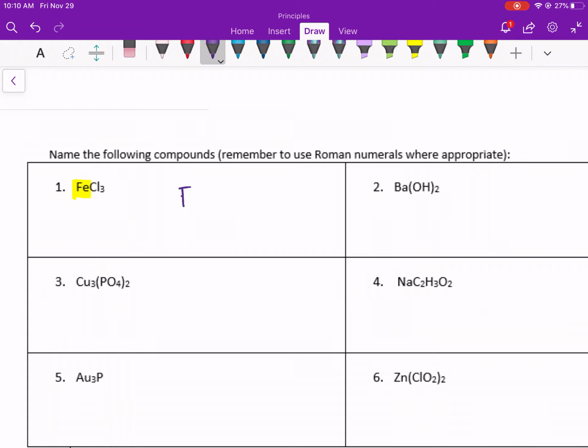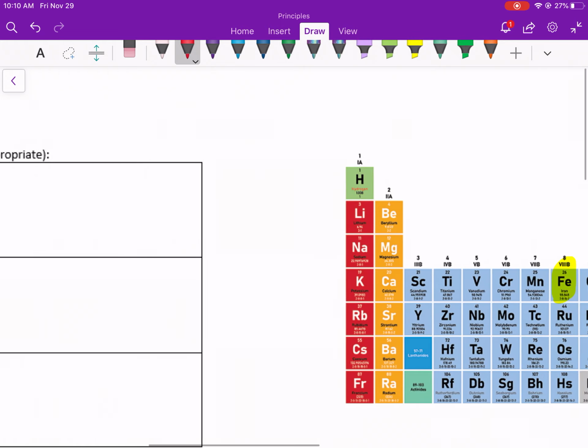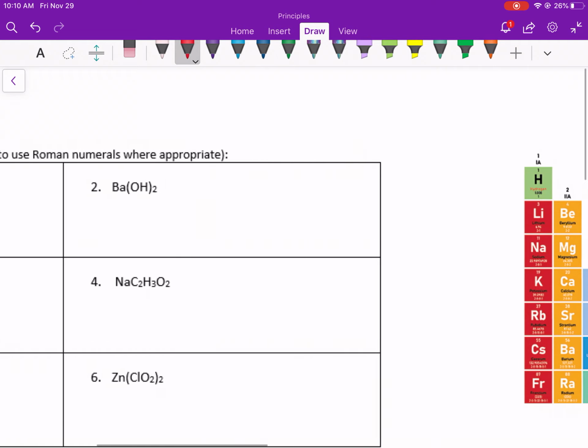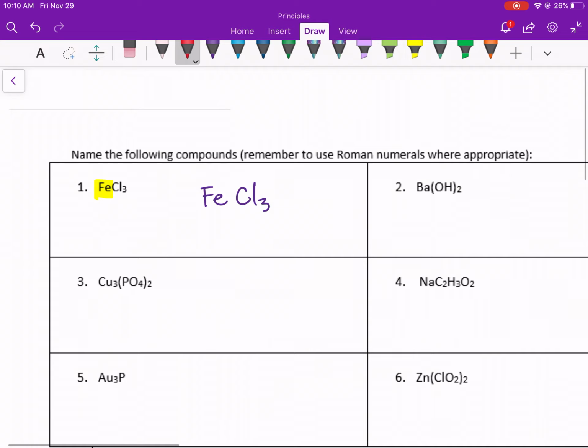Well, if I have FeCl3, first I look at the charge on the chloride, and based on its position on the periodic table, which is right there, we know that it has a -1 charge along with everything else in group 17. So if this is -1, and I have 3 of them, that's a total of -3.